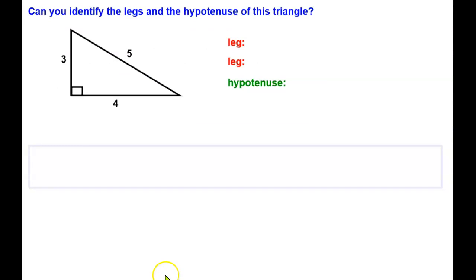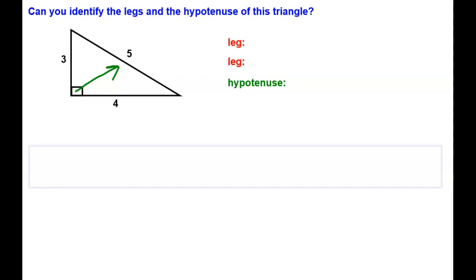So let's take a look at this triangle. It has three sides that are labeled with numbers. Two of those numbers are legs, and one of them is a hypotenuse. Can you identify the hypotenuse first? Remember, the hypotenuse is opposite of the 90-degree angle. So if you always draw that little arrow mark, you'll never get the hypotenuse wrong.